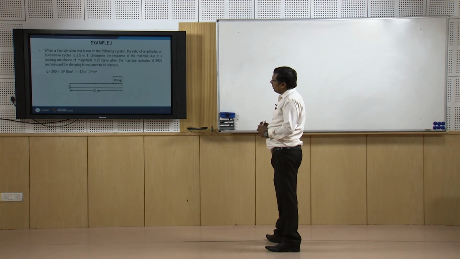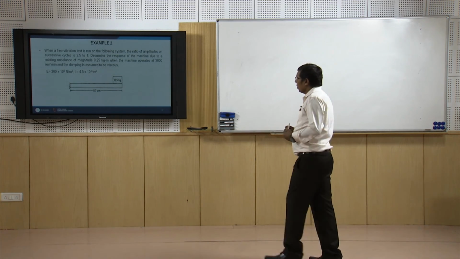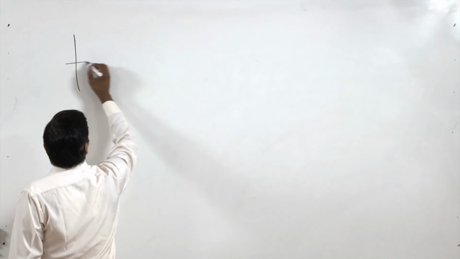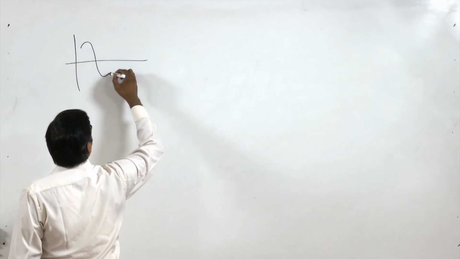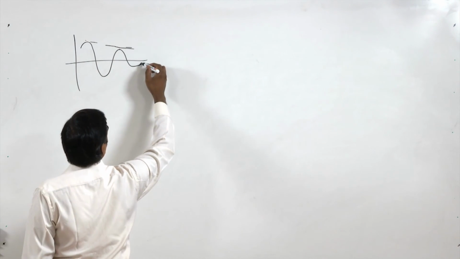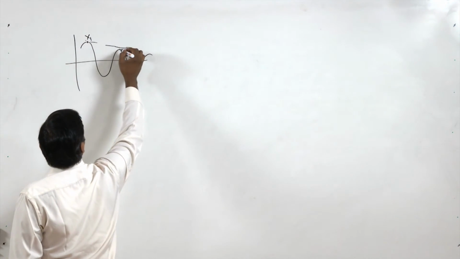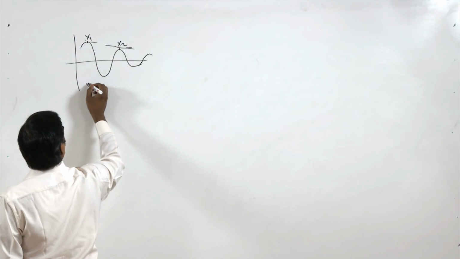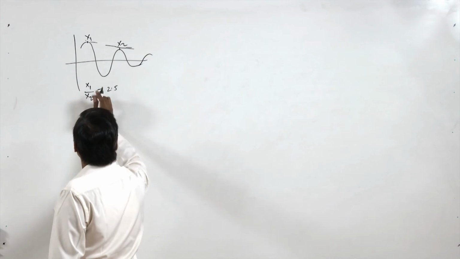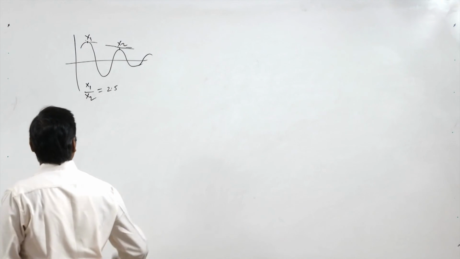And we know that if there is viscous damping and a free vibration test is performed, there is some amplitude ratio, decaying like this. Let us say this is x1 and this is x2. So it is given that x1 by x2 equals 2.5 to 1.